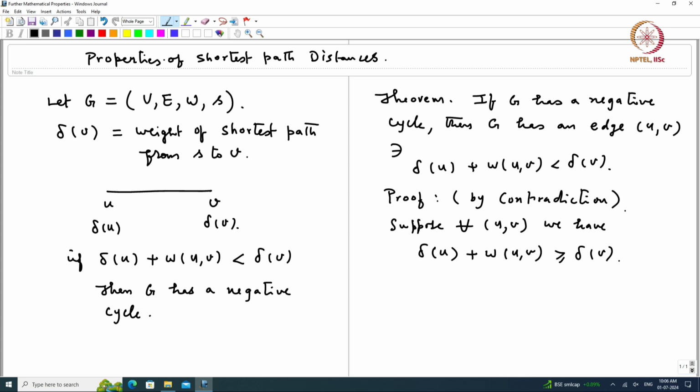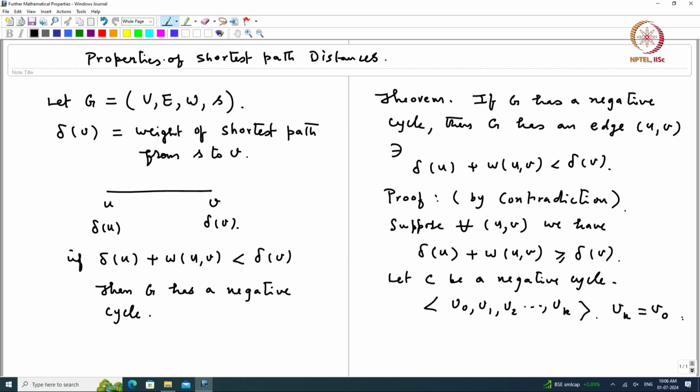You will see that since G has a negative cycle, let C be a negative cycle of size k. So, let us say it starts with V0, V1, V2 and so on, Vk, where Vk equals V0. It is a negative cycle.